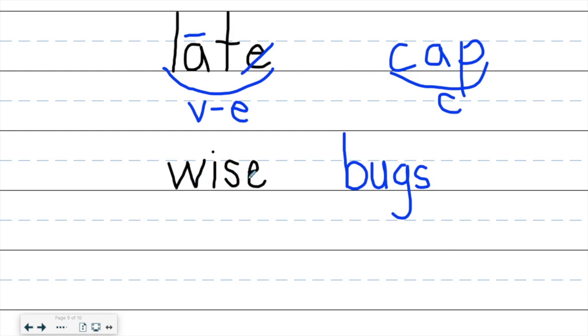So let's try to read this word. Eyes. Wise. Like a wise owl. So I picked this word just so I could show you that that S is making a Z sound, but that's because it's followed by the letter E and it's a silent E. So I'm going to scoop this word, and I'm not even going to have to mark up the fact that this is making a Z sound.